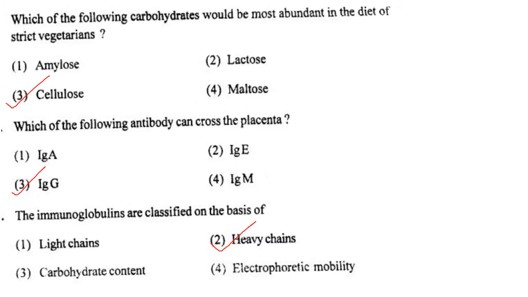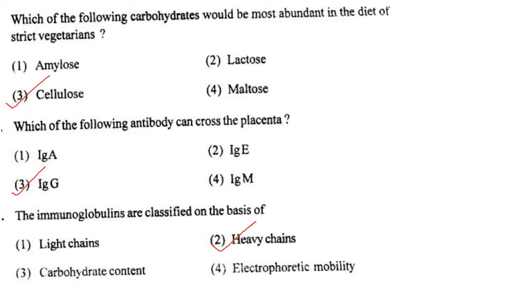Acetyl-CoA. Next one. Which of the following carbohydrates would be most abundant in the diet of strict vegetarians? Option 1, amylose; 2, lactose; 3, cellulose; 4, maltose. Answer is option 3, cellulose. Which of the following antibodies can cross the placenta?